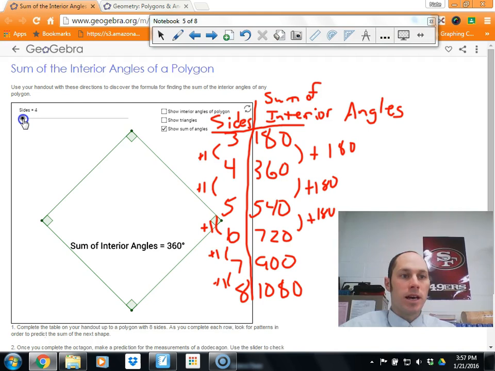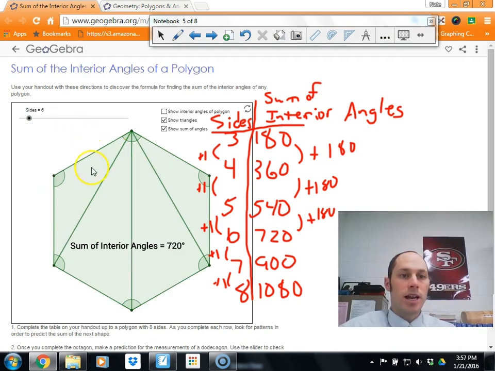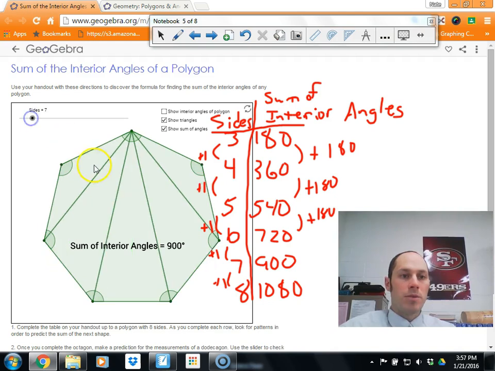If I take my pentagon and divide that one up into three triangles, I now have 180 for each one. 180 times 3. And same with the hexagon, I can divide it into four triangles, 180 times 4. Heptagon into 5 triangles, 180 times 5. So hopefully you're seeing that connection there.